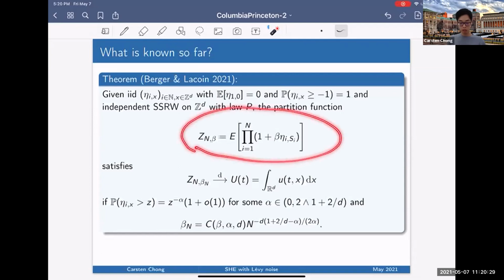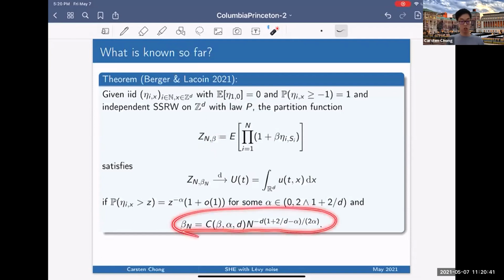And when they consider this partition function, what they were able to prove is that if you scale this beta parameter appropriately, in the sense that you choose beta_n in this specific way, you get convergence in distribution to exactly the solution to this heat equation that they found in the previous theorem. Actually, you have convergence to the total mass of this equation. So you integrate over R^d, okay?